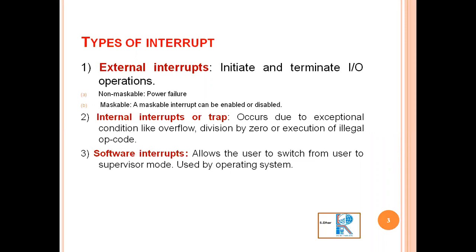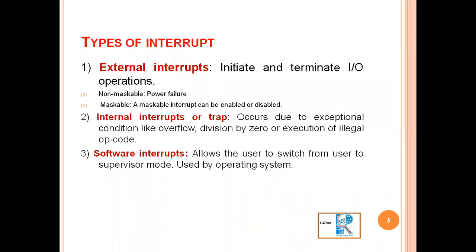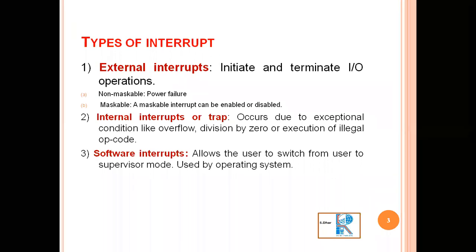Because the priority of the interrupt is highest in this case. Otherwise, a fatal incident may occur due to the power failure or the fire alarm. So all these types of interrupt due to power failure or fire alarm are called non-maskable interrupts. The processor or CPU cannot stop or disable the interrupt.